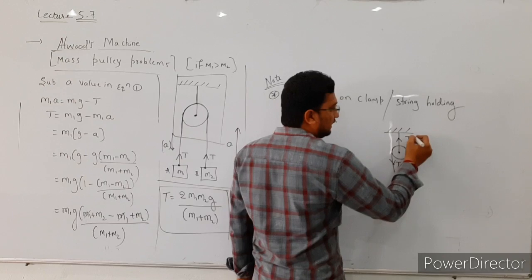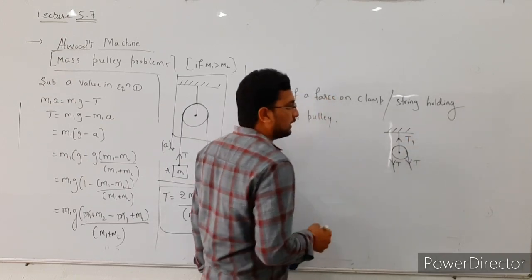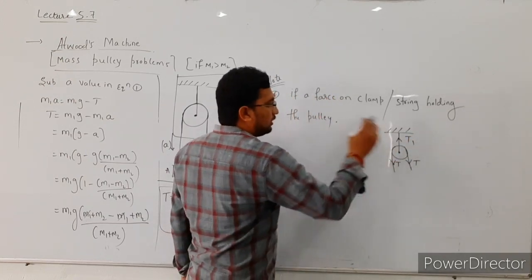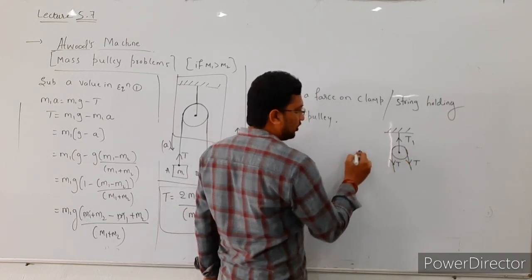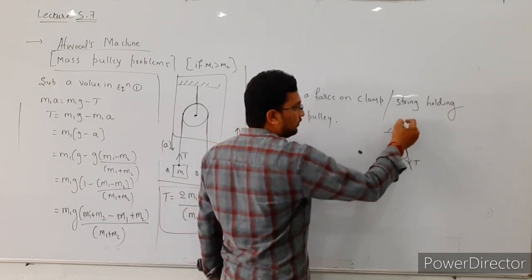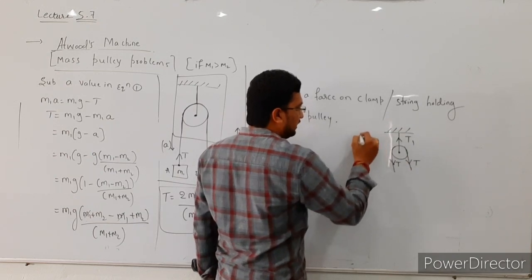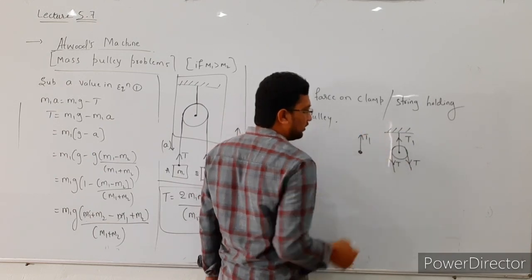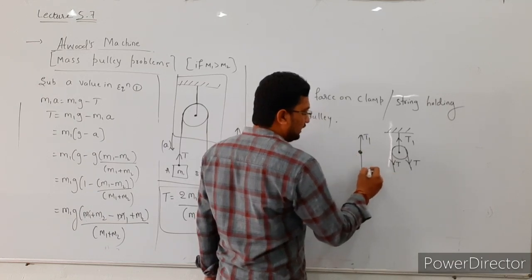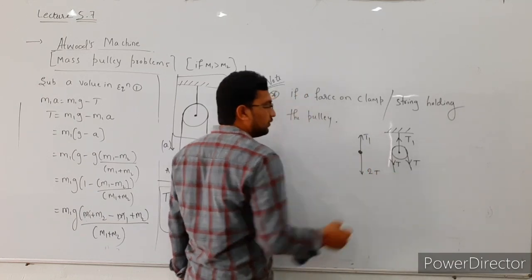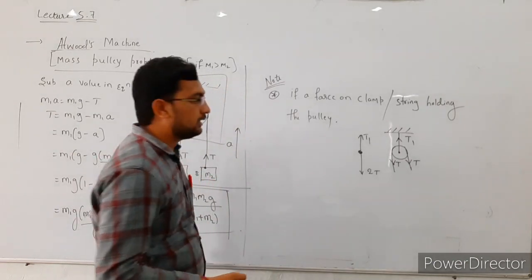So here we will take that one as T1, right? Okay, so draw the free body diagram for this body. Consider this body as a point object, and here one force is acting in the upward direction, that is T1, and these two forces are acting in the downward direction, that is 2T.